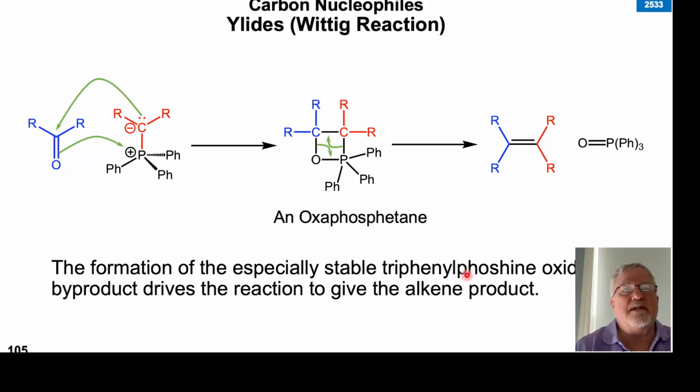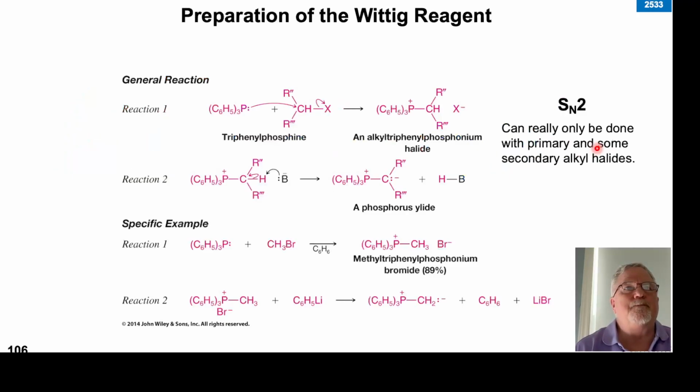The formation of the especially stable triphenylphosphine oxide byproduct drives the reaction to give the alkene product. This is the triphenylphosphine oxide. We have a strong phosphorus-oxygen bond. That is the enthalpic driver of this reaction, so it's thermodynamically favorable.